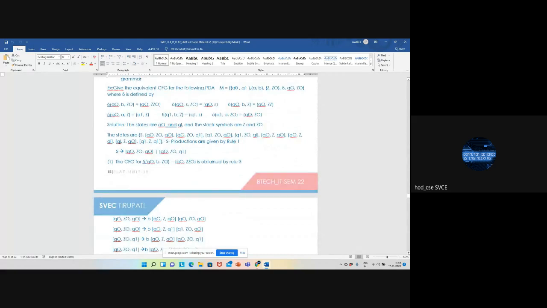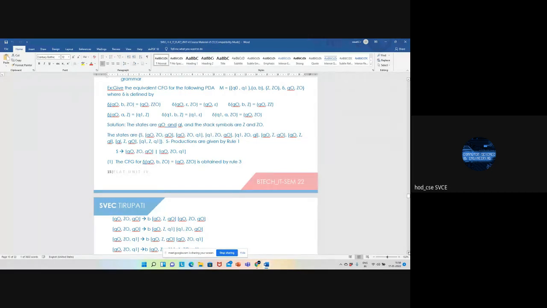Given the PDA M = ({q1, q2}, ...), find the equivalent context-free grammar.